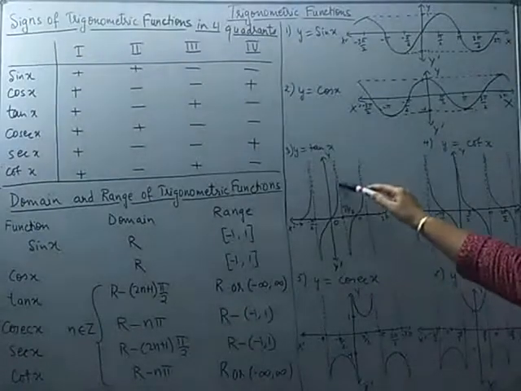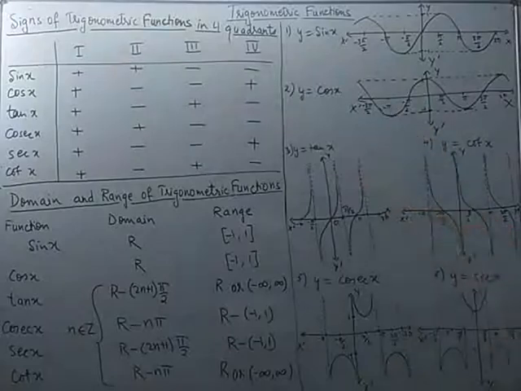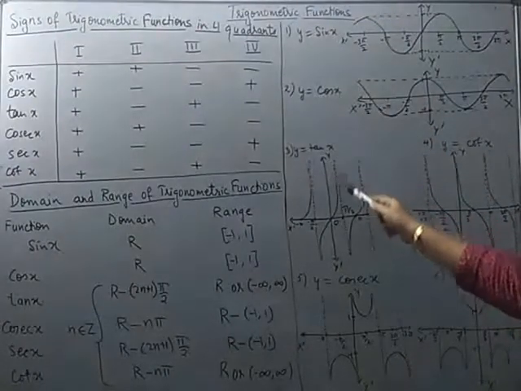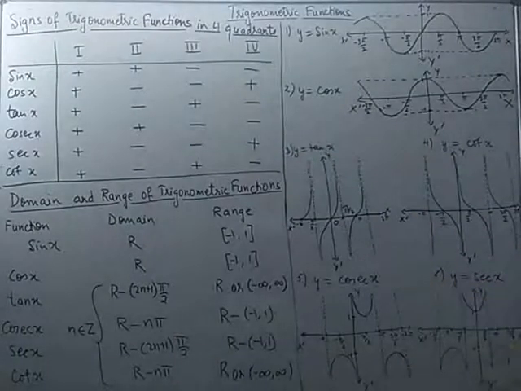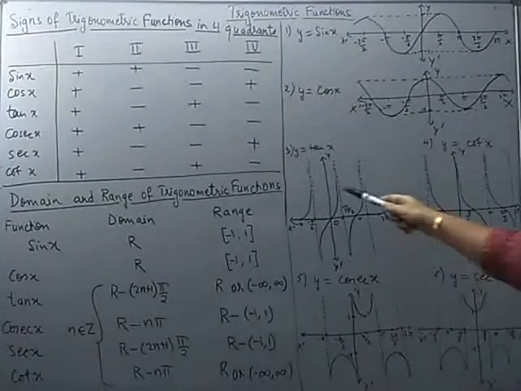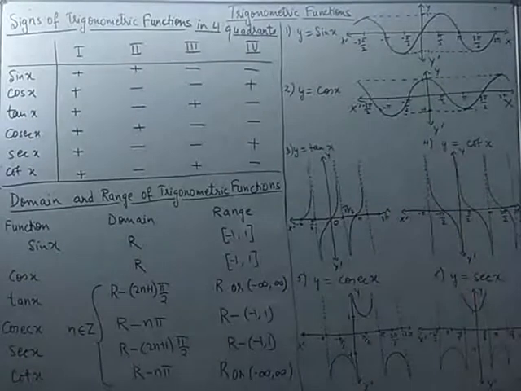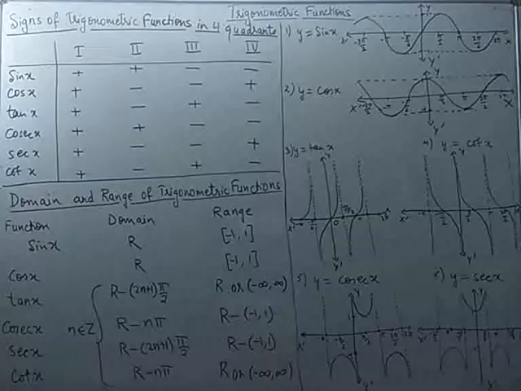But the moment x becomes 90, we are not able to define this curve. I cannot let this curve touch this dotted line because at pi by 2 we are not able to define it. How big it is we cannot make out. Now if you remember in the previous session we did a result, tan minus x is minus tan x.